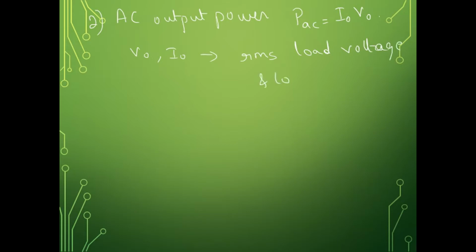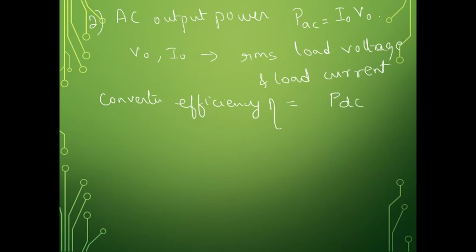How can we write the converter efficiency? The converter efficiency is eta, which is PDC by PAC.